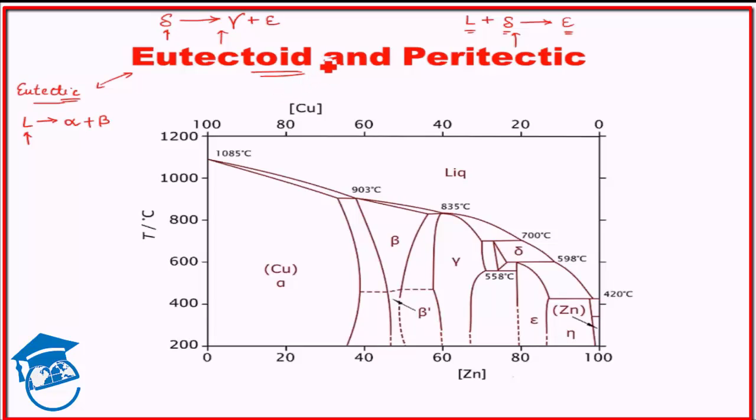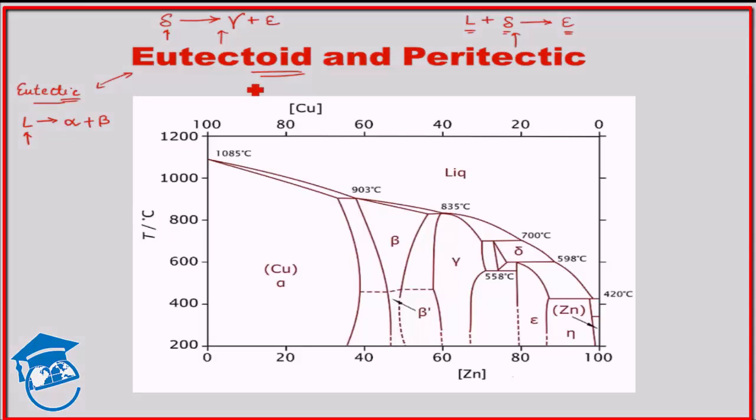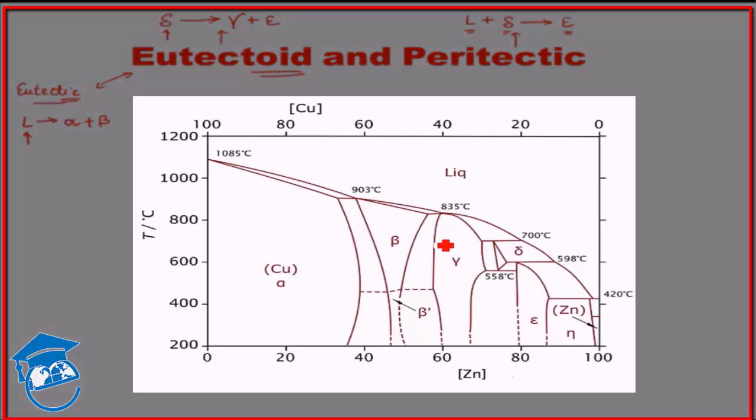Okay, now let's see them appearing in the phase diagram. Let's see eutectoid and peritectic appearing in the phase diagram. So here, as I said, eutectoid is one solid to two solids. This phase over here is the delta phase. This is a single phase region, and this is the invariant reaction at 558 degrees Celsius.